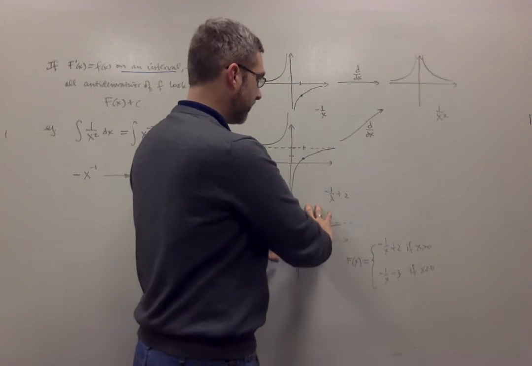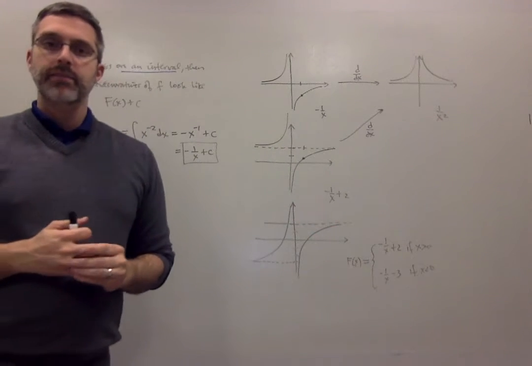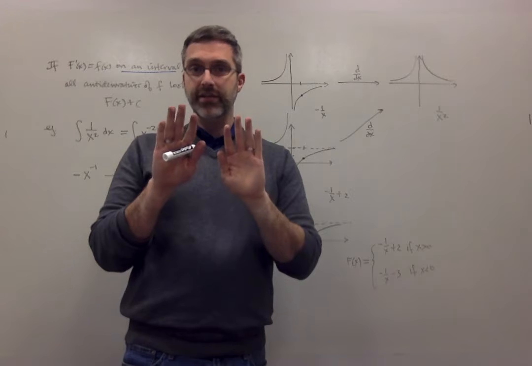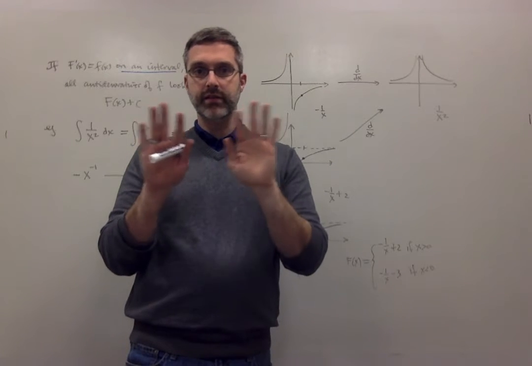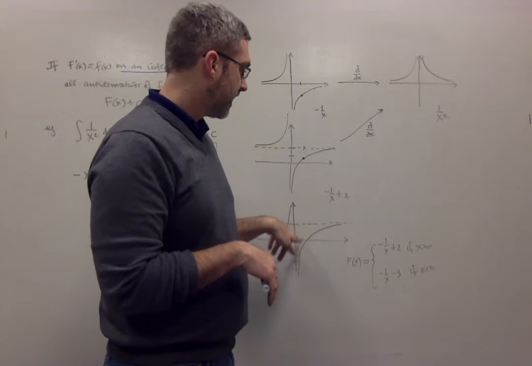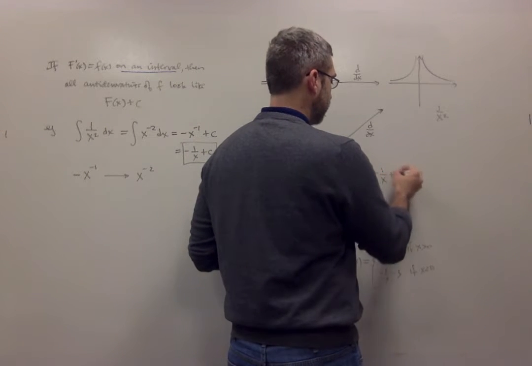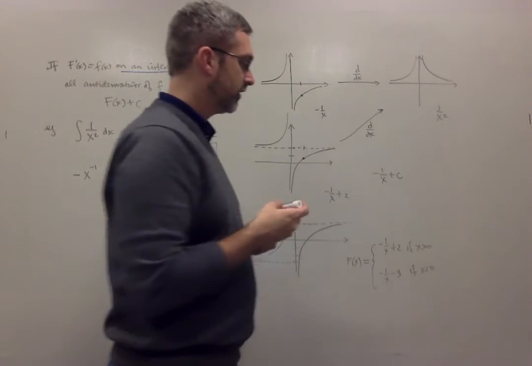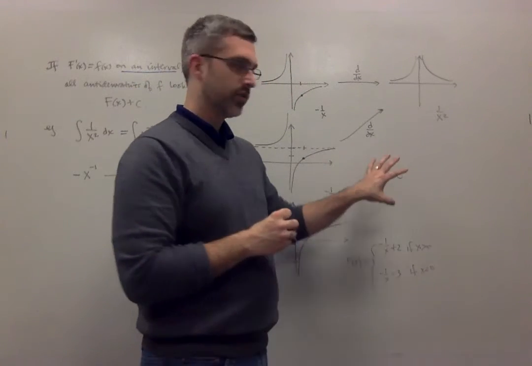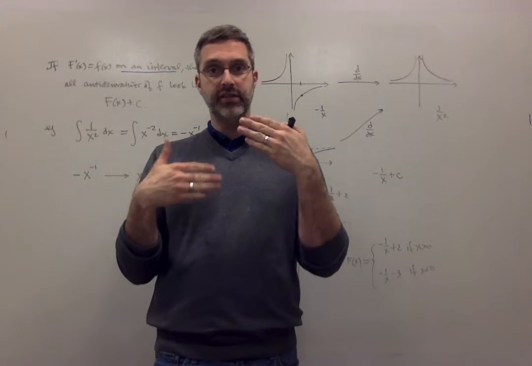So the derivative of this is also 1 over x squared. But you'll notice I was able to use different constants on the different continuous pieces, and that is not 1 over x plus a constant on the entire real line. This is not in this category. I'm using 2 different constants on the 2 different sides.